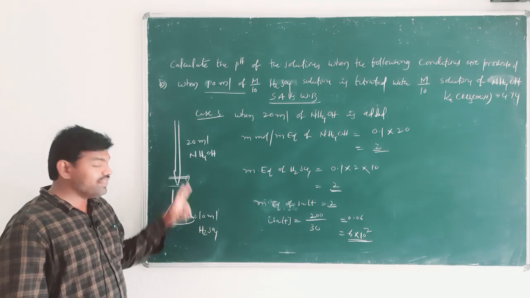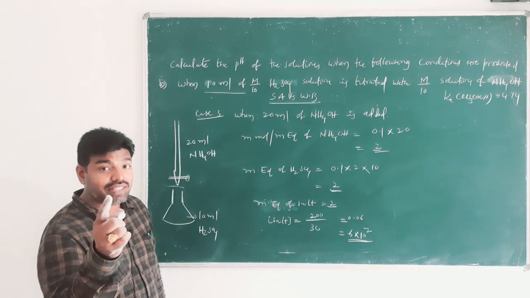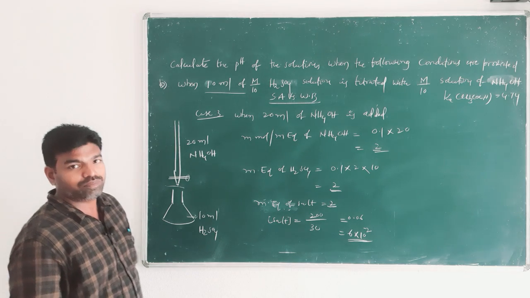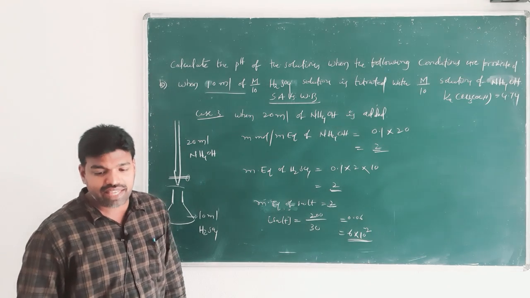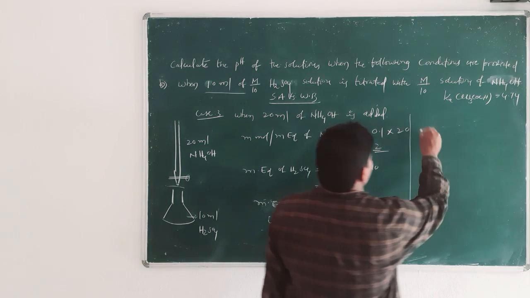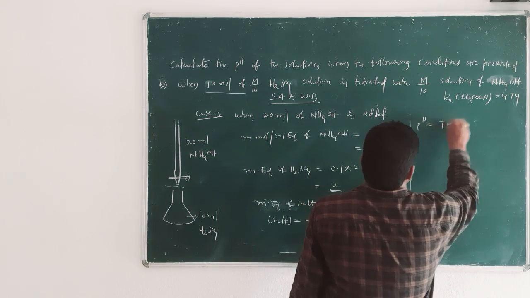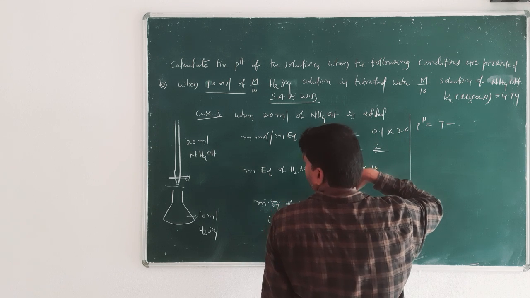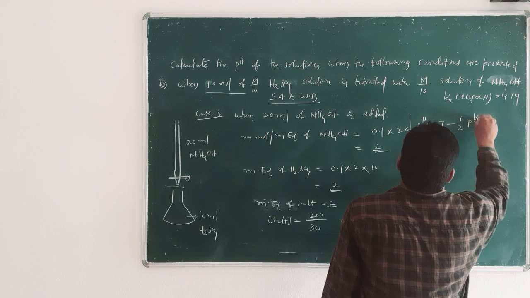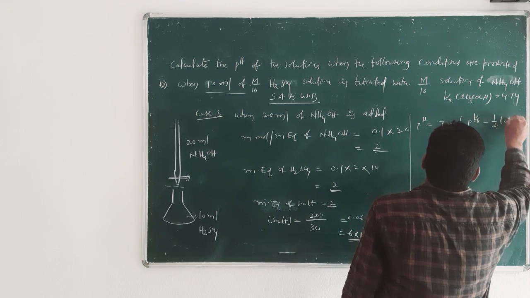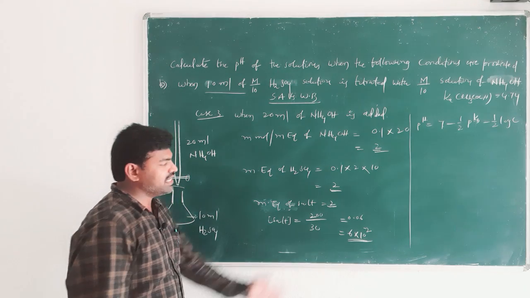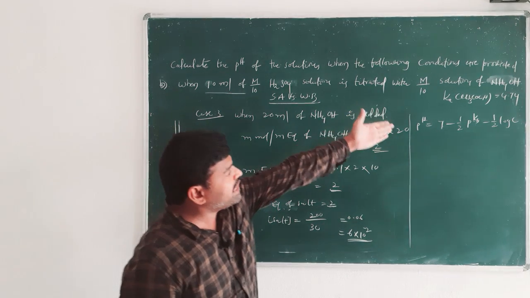The pH is less than 7, and the formula is pH equals 7 minus half pKb minus half log C, where C is the concentration of the salt formed.